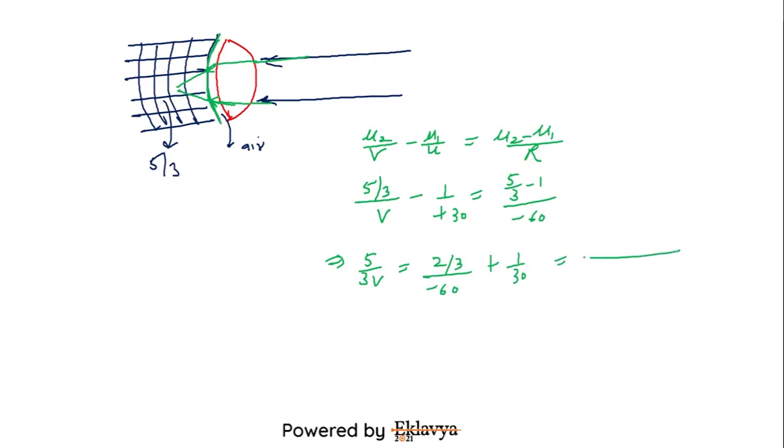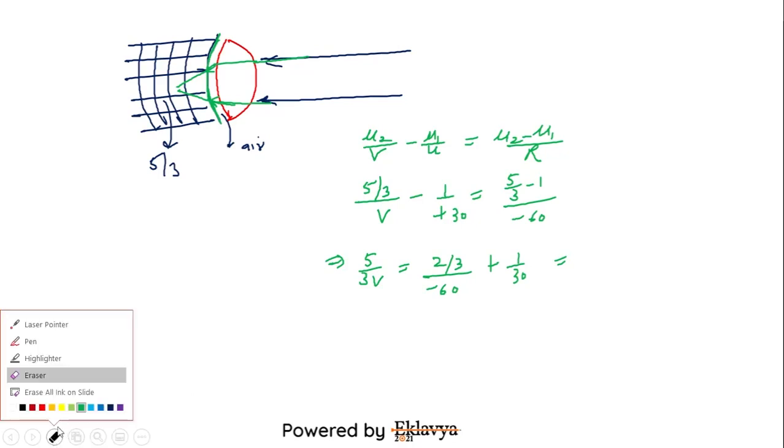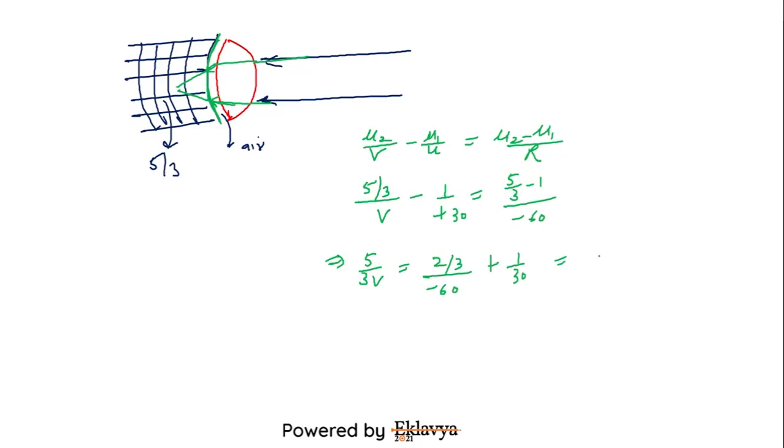So we can take 180 as the LCM here, or this 2 will cancel, it will become 30, 90. Let's do it in two steps, because in an attempt to do it in one step, there may be some calculation mistake. So we will have minus 1 upon 90 plus 1 upon 30.